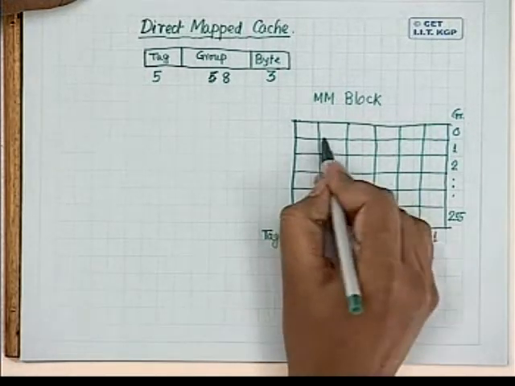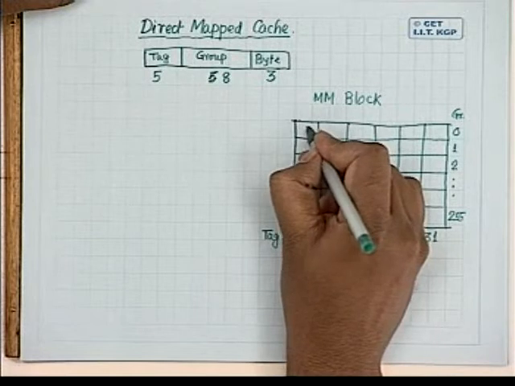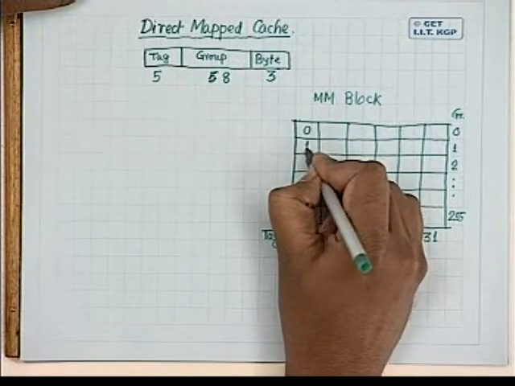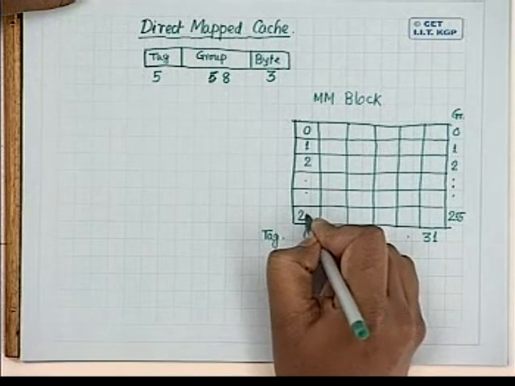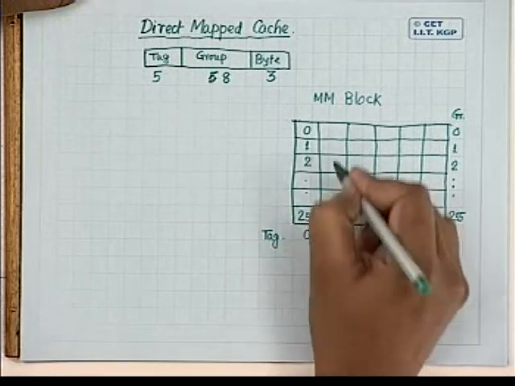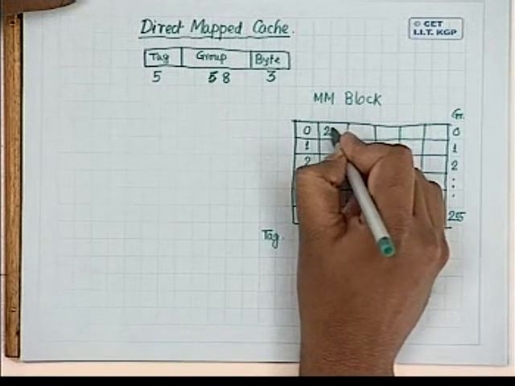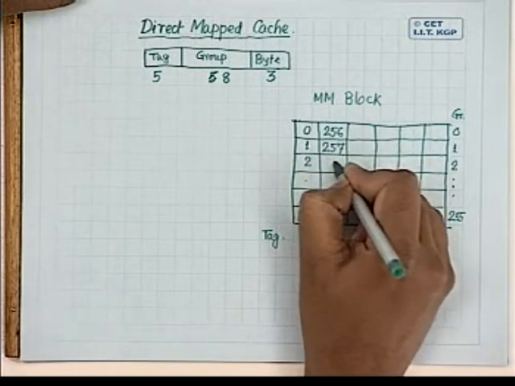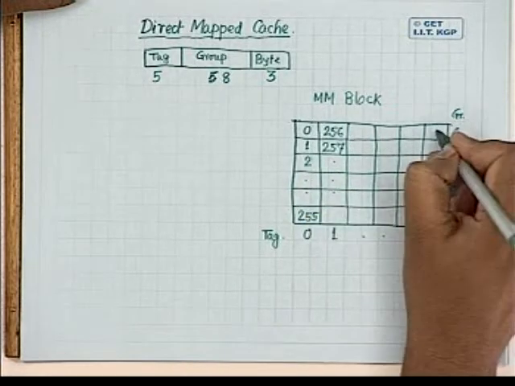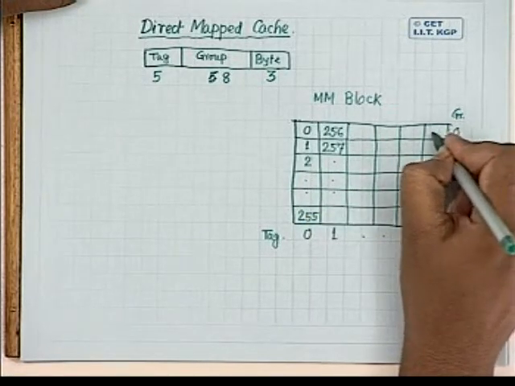Okay, and these are the block numbers. I call this block number 0, block number 1, block number 2. This will be block number 255. This is block number 256, 257. So this way it will continue. This one will be block number, say, 7936.